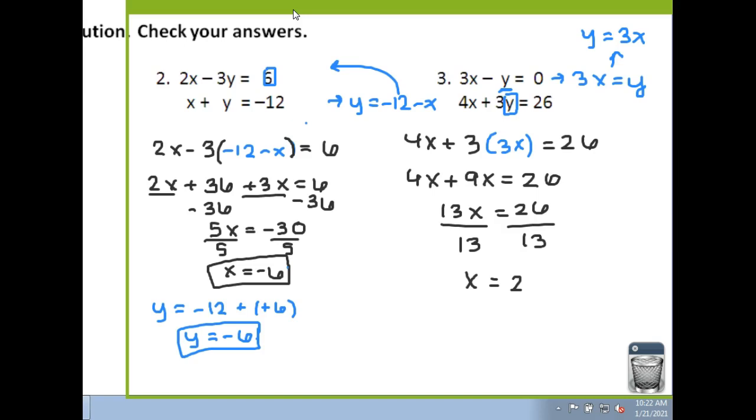We got to plug 2 back in. And we get y equals 6. These are problems where if you're not used to boxing in your answers, you might want to. Because when you're checking your work, or we're checking your work in class, and you have all that work happening, it's really nice to just be able to find your answer, to check it before you move forward.